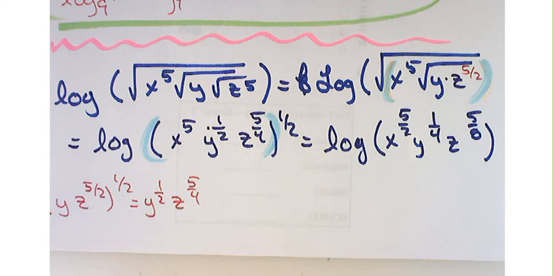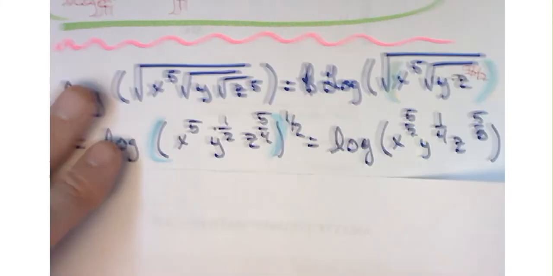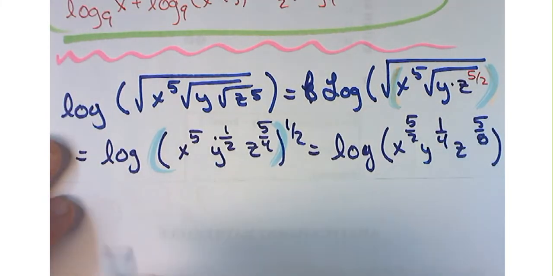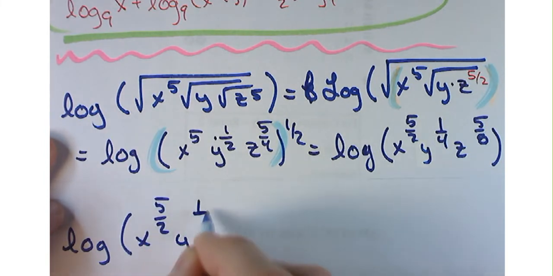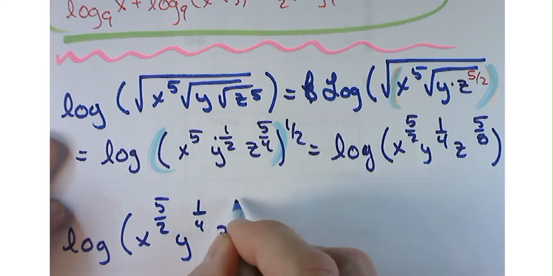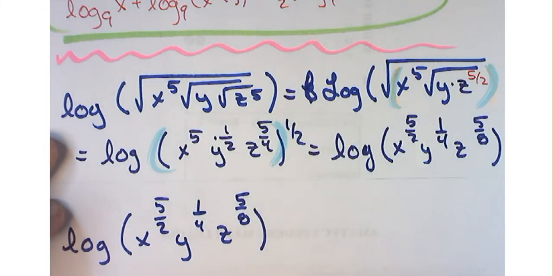So it took a lot of work to get this in the right form, but the rest of it I'm hoping is not going to be too bad. So I'm just going to copy that over to here. Log of x to the 5 halves, y to the 1/4, z to the 5/8.